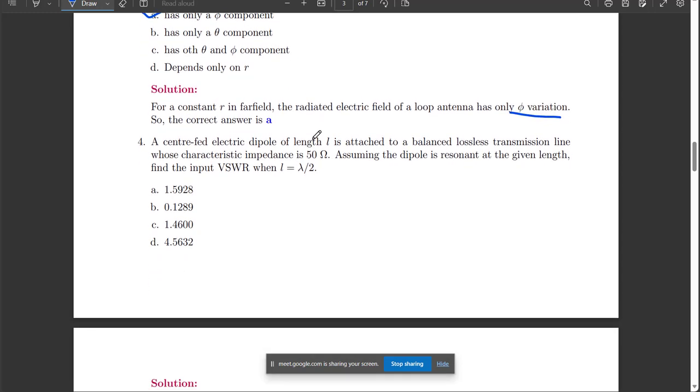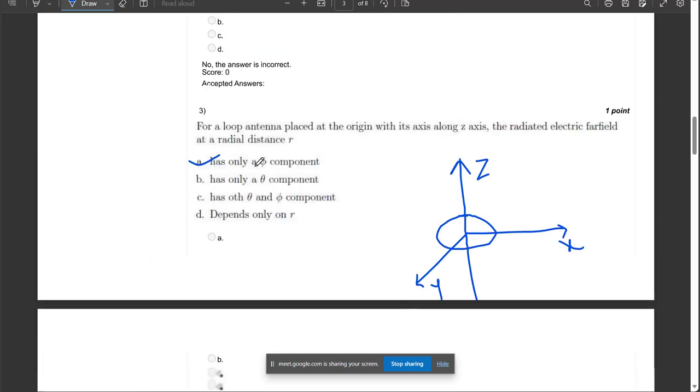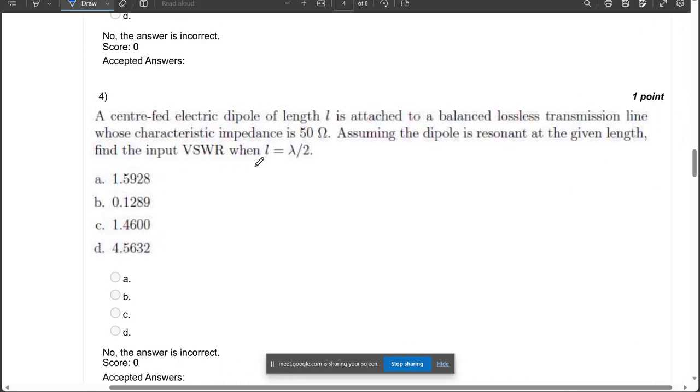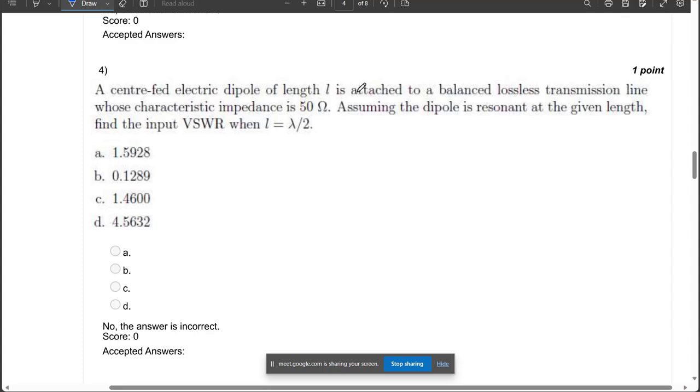Okay. So let's go to the next question. Question number 4 says: a center fed electric dipole of length L is attached to a balanced lossless transmission line whose characteristic impedance is 50 ohms. Assuming the dipole is resonant at a given length, find the input VSWR when length L is equal to lambda by 2.